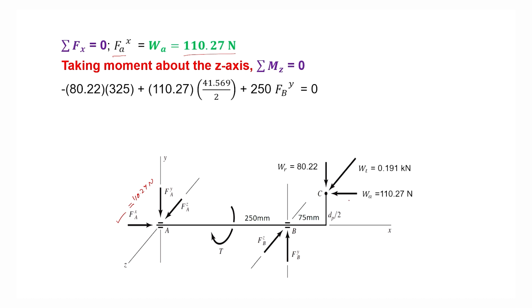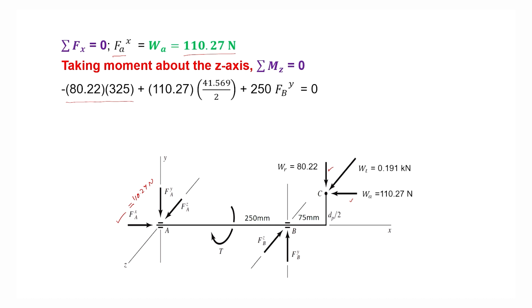So, they will provide the moment arm when we take the moment about the z axis. We got this Wr, 80.22, multiplied by the distance from A to this point, which is 250 plus 75, that is 325. This is trying to rotate the system about the z axis in a clockwise direction, so it is taken as negative.